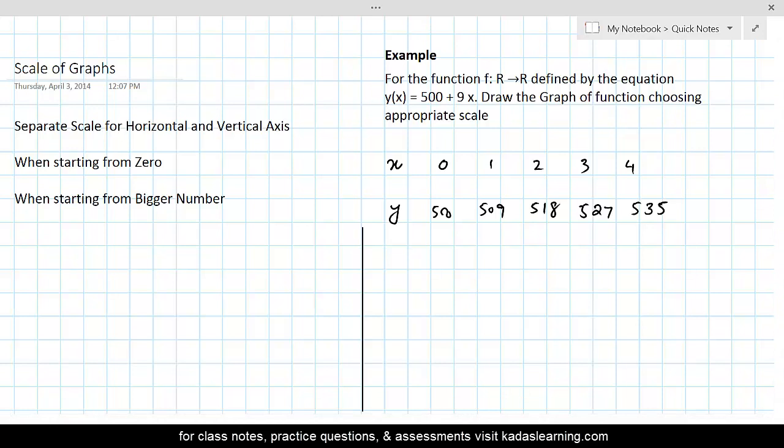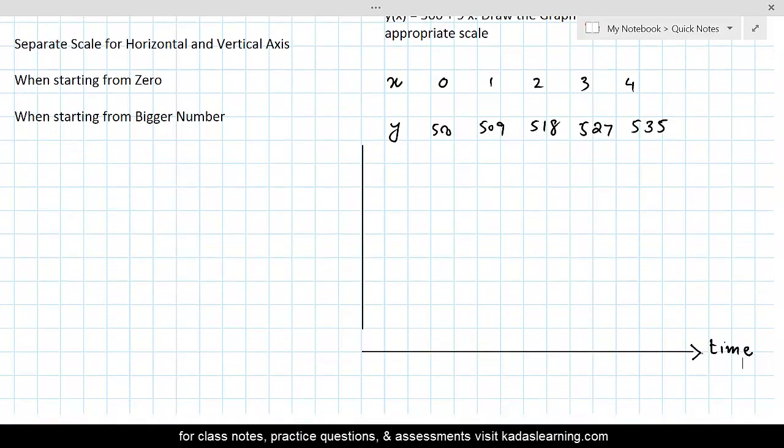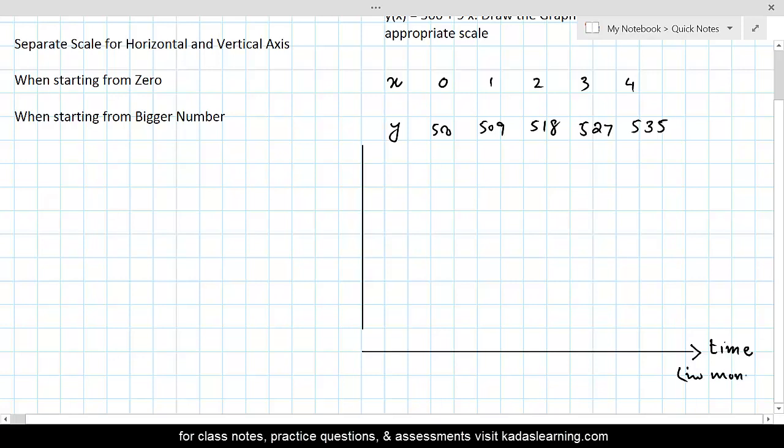X being independent variable will be plotted on horizontal axis because it is time. So let's write this as time, or you can write as x, and this is time in months. This is x, and y is here, y along y-axis, and this is rainfall in milliliters.